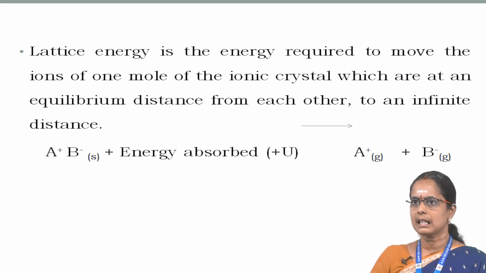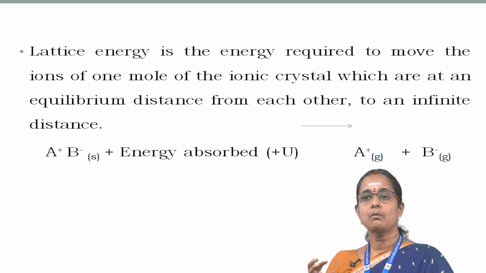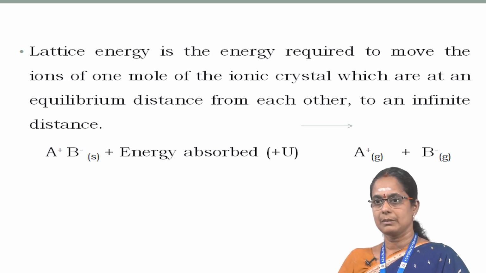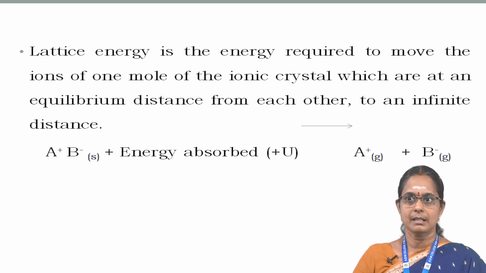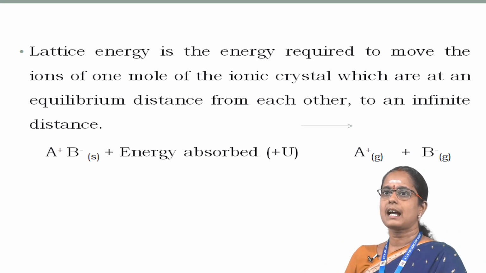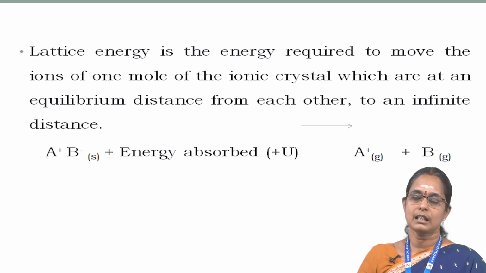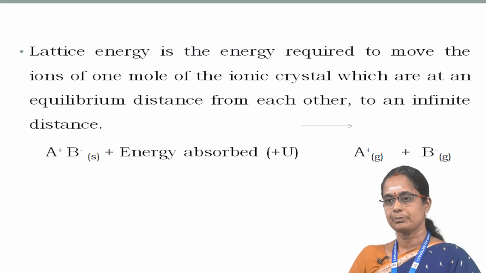How will you calculate and determine the lattice energy? That is the Born-Haber cycle. The direct determination of lattice energy of an ionic crystal has been carried out for only a few compounds.